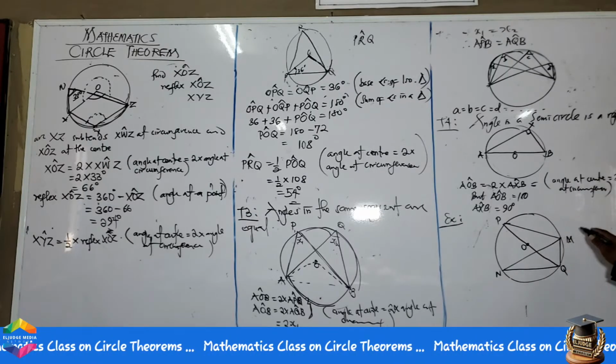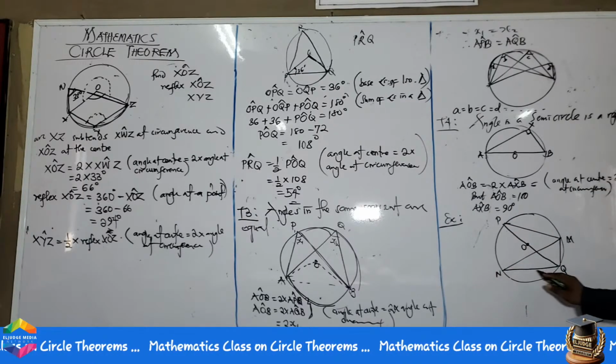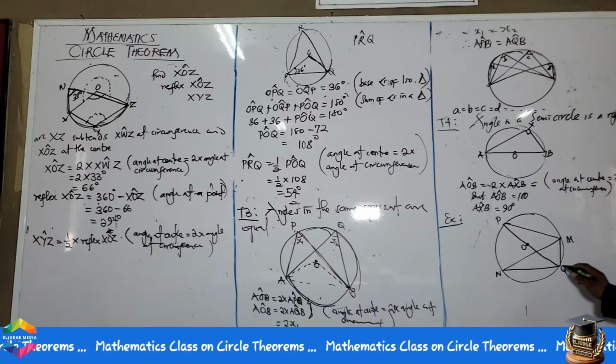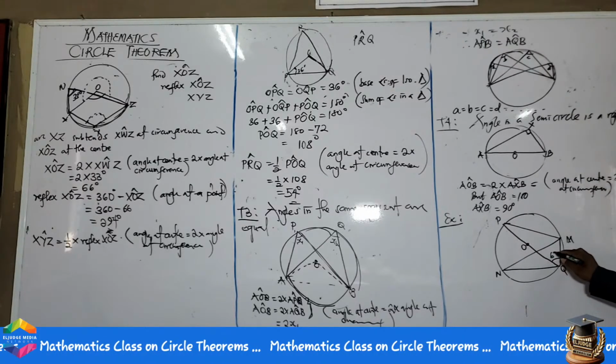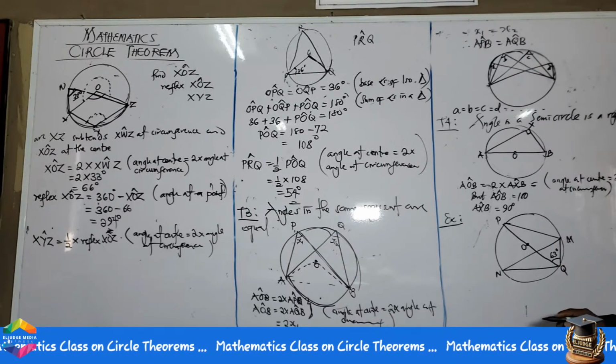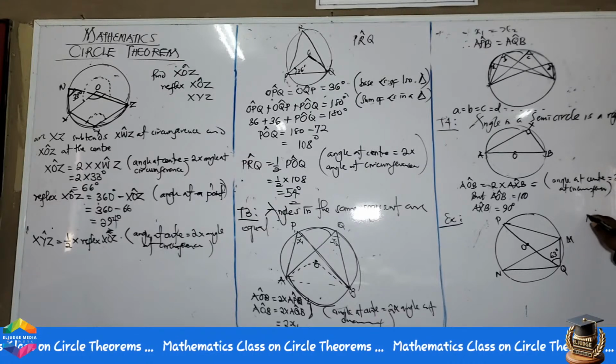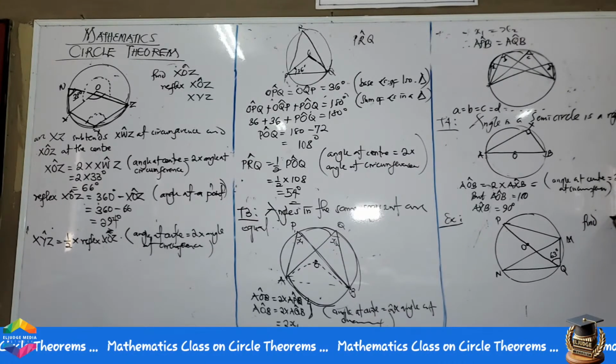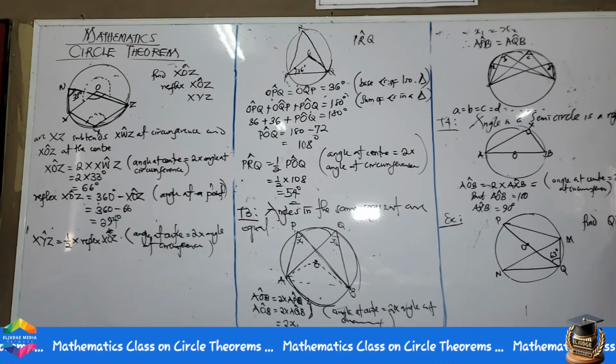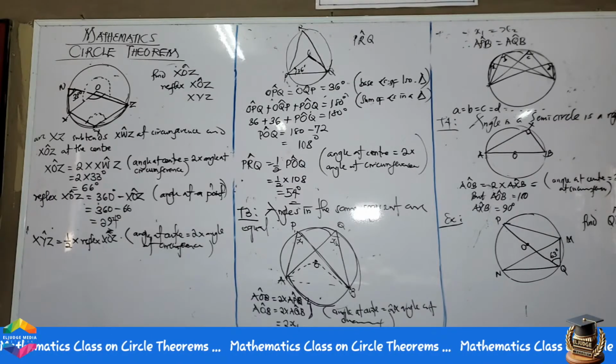So from here we have M here, we have P here, we have N here, we have Q here, and O here, and this place was noted as 63 degrees. So we are told to find Q and M in this question.